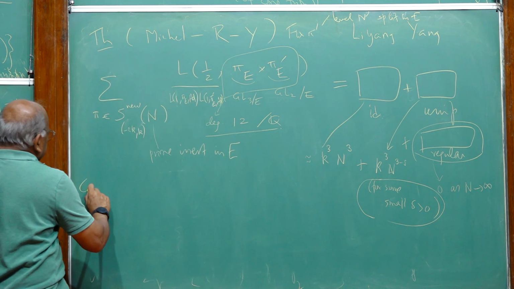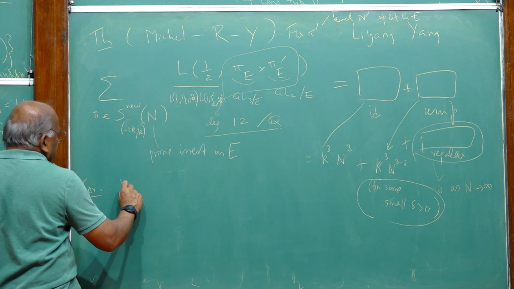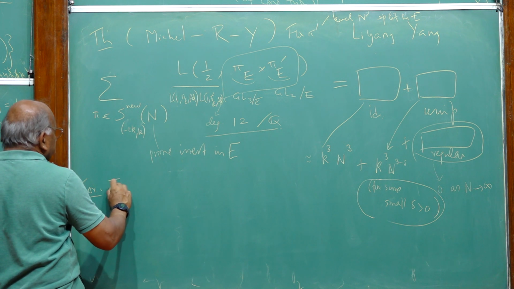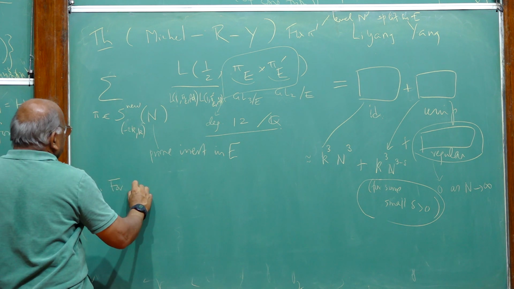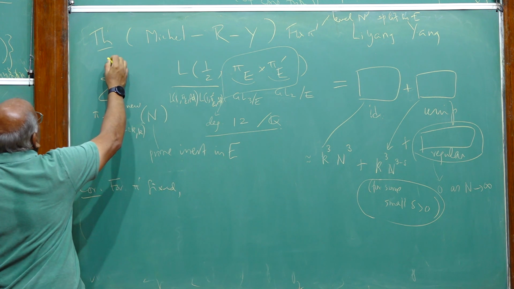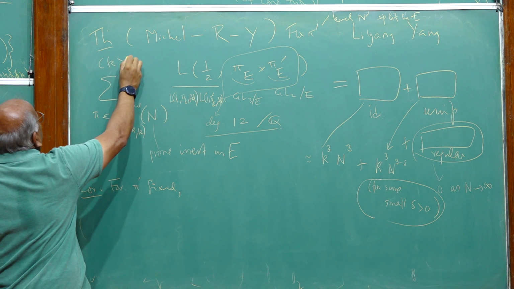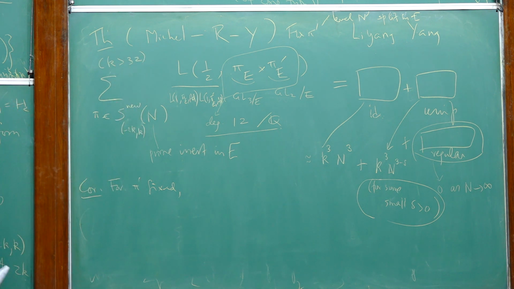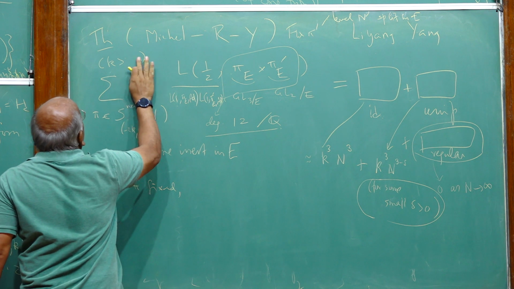Therefore, the corollary is that for pi prime fixed, and I should also say that our current result, we're assuming k is bigger than 32, but it's a technical problem. It should work all the way from 2 onwards. I mean 1 onwards, because it's 2k. But therefore if I write in this normalization, I'm sorry, it should be 16.